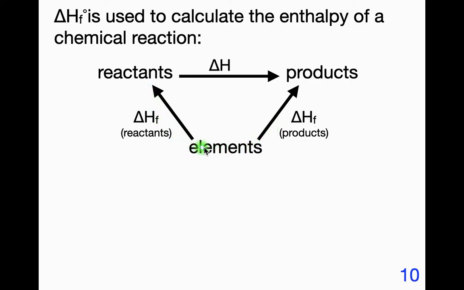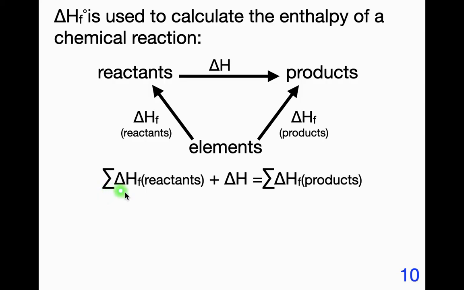So notice that there are two paths that we can take to get to the products. We can go from the elements directly to the products, and that would be the enthalpy of formation of the products. Or we could go from the elements to the reactants, that would be the enthalpy of formation of the reactants plus the enthalpy of the reaction itself.